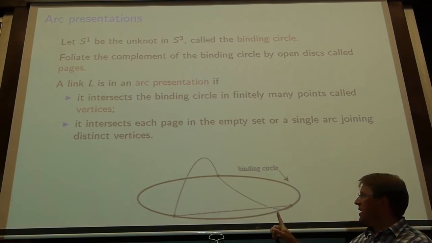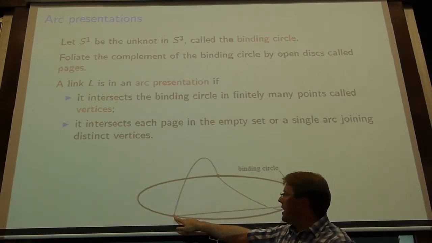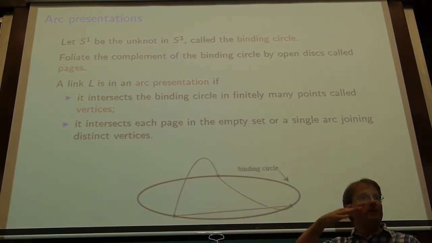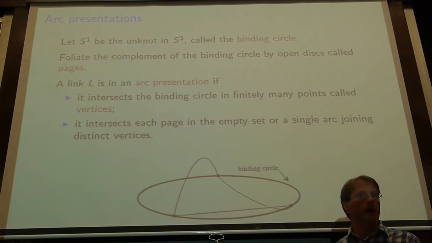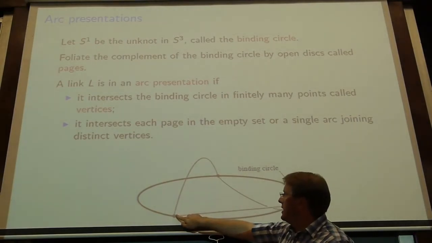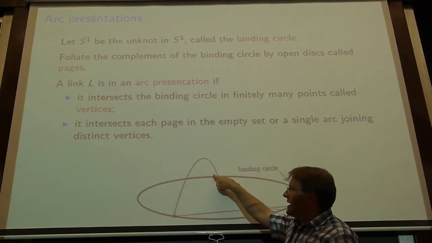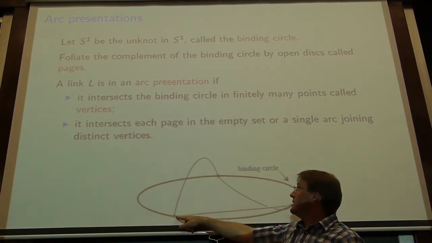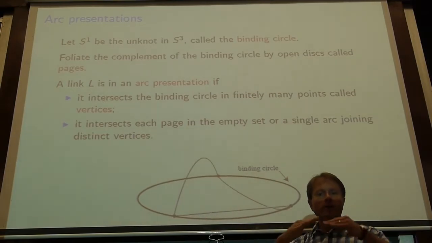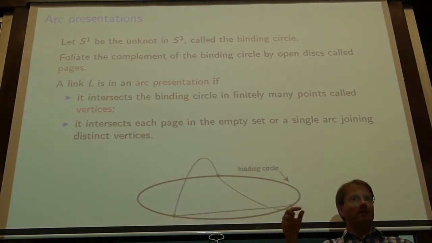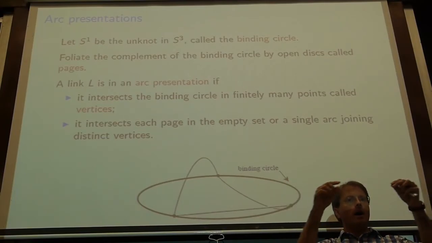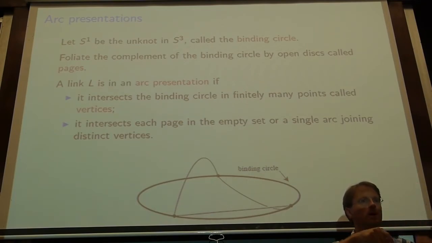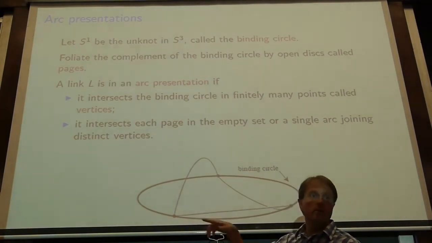And you also have to specify the heights of these arcs. Each one lives inside a page, and there's a circle's worth of pages, so again you can specify a number between 0 and 2 pi. So for each arc, you have it at a certain height t, joining vertex S1 to S2. What you then do is insert into your rectangular diagram a horizontal arc at height t, going from x coordinate S1 to x coordinate S2. And you do a similar thing for vertical arcs by what happens near each vertex.